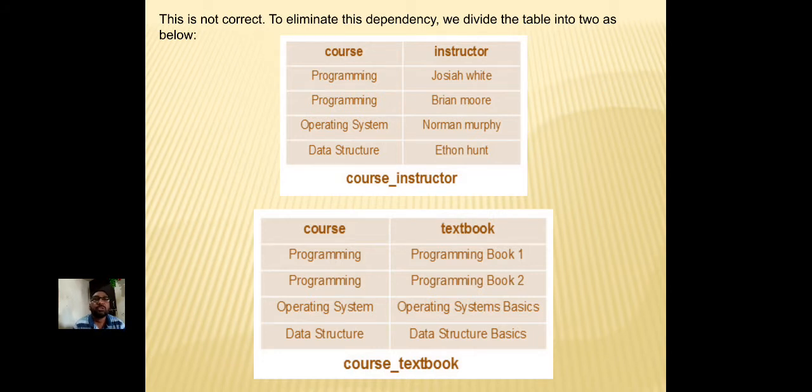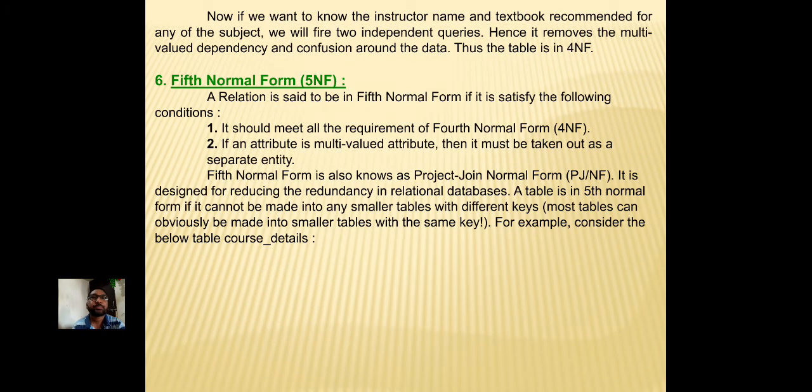The first table is course instructor, with course and instructor name, and the second is course textbook, with course name and textbook name. Now if we want to know the instructor name and textbook recommended for any of the subjects, we will fire two independent queries. Hence it removes the multi-valued dependency and confusion around the data. Thus, the table is in 4NF.